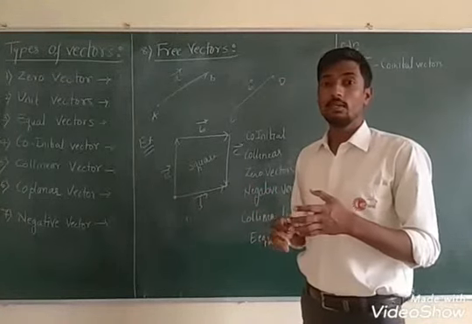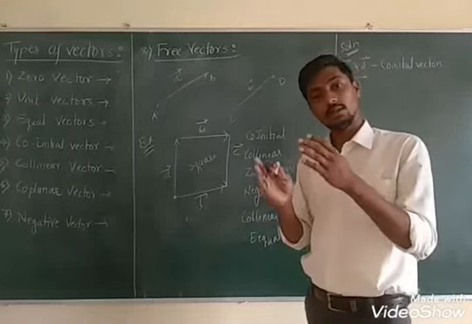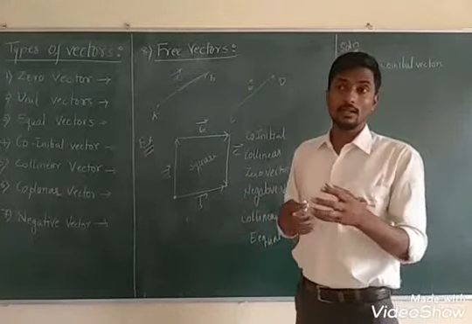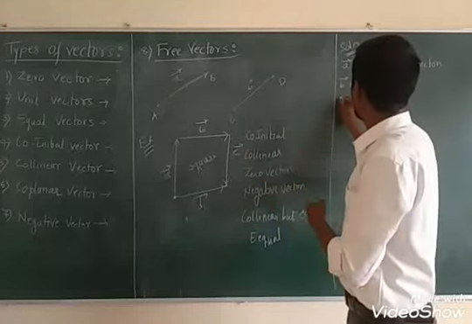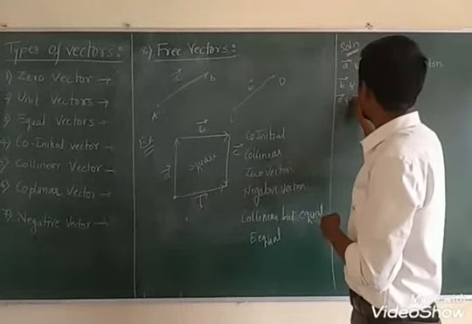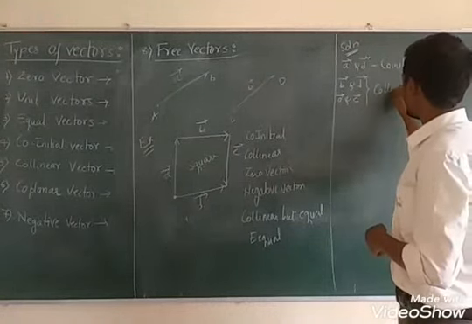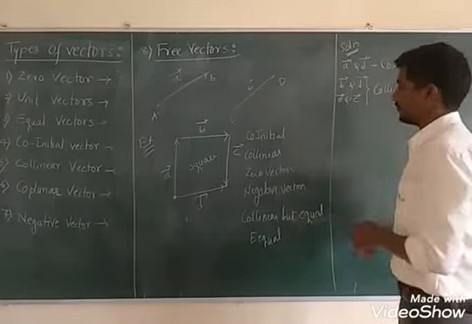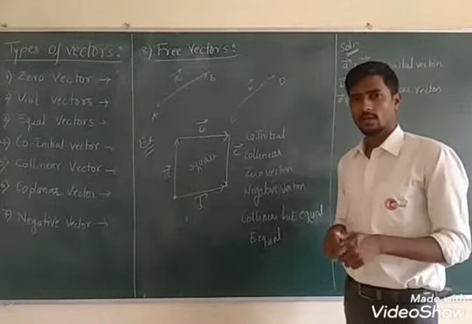It does not matter that the vectors are acting in different directions. Collinear means they are parallel, without considering direction here. So vector A and vector C are also collinear vectors. Next, zero vectors.